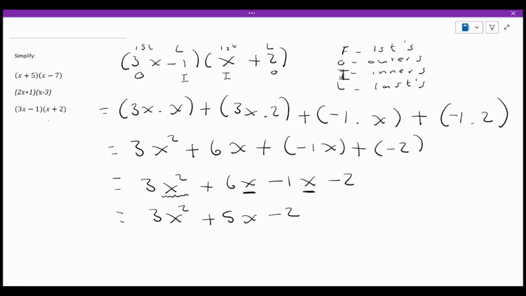And we write down our given expression, and then we mark the first ones. We mark the outers, we mark the inners, we mark the lasts, and then we multiply the ones with the corresponding wording. And then after that, we just simplify. And if we have a negative somewhere, we keep it in a bracket because we know that it's going to change the whole expression or sum along the way. Yeah, and that is it for today.